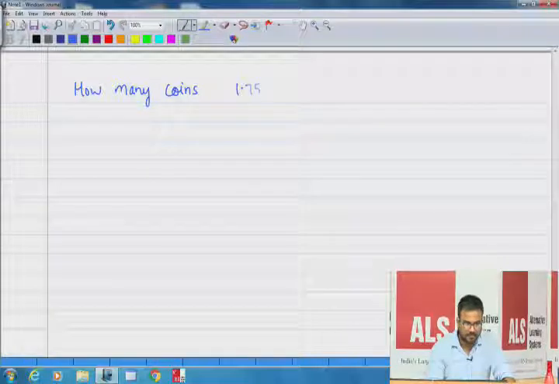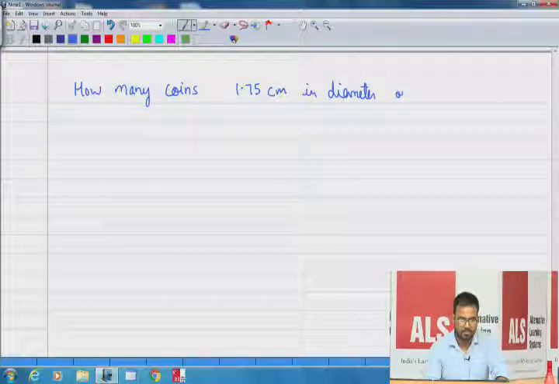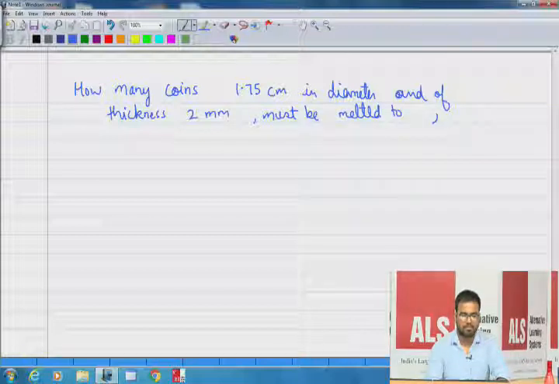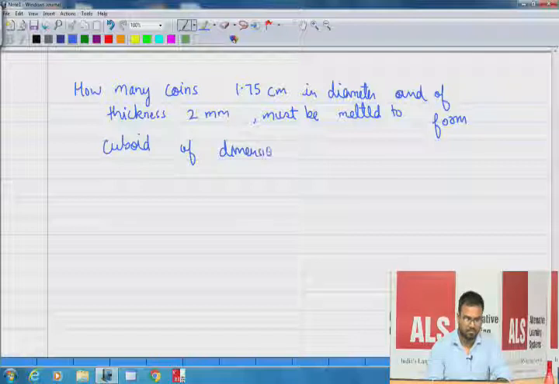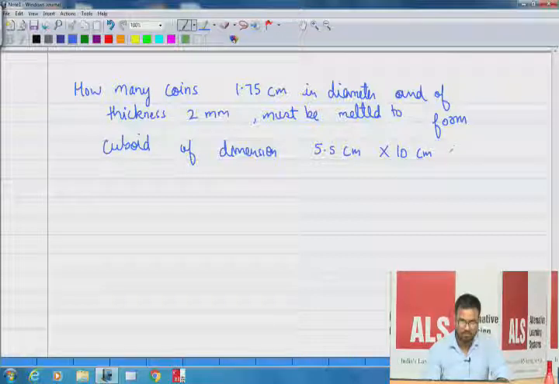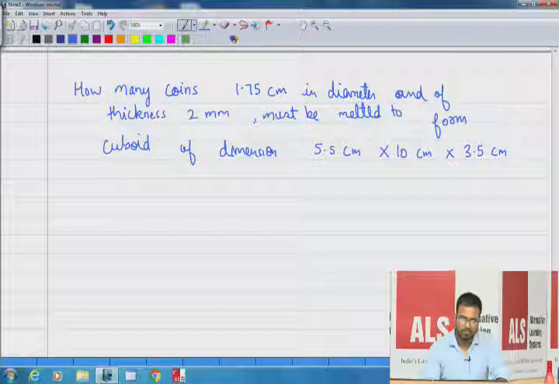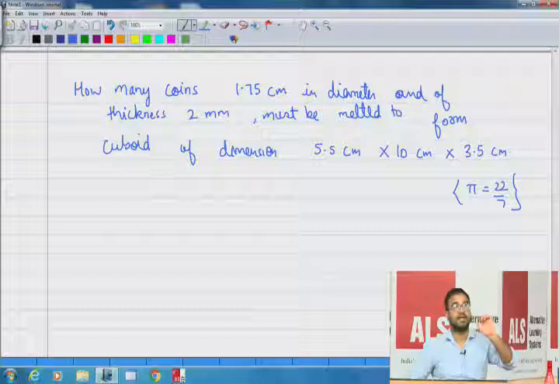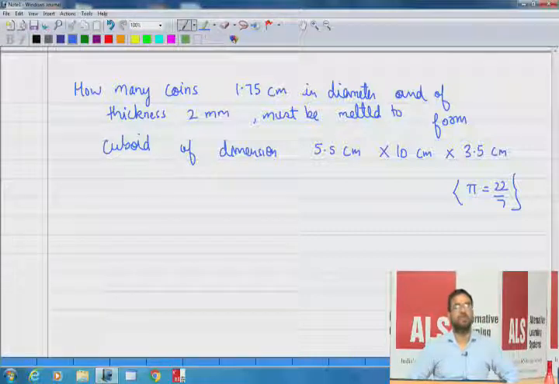How many coins of diameter 1.75 and of thickness 2 millimeter must be melted to form a cuboid of this dimension?